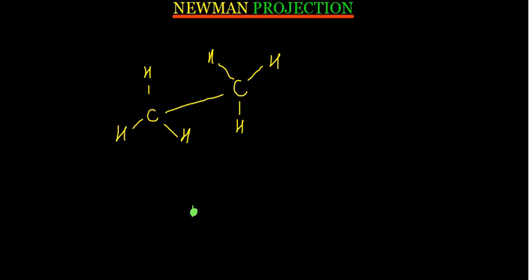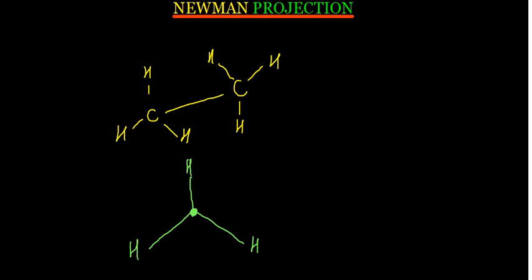We have a hydrogen on top, another hydrogen this side, then another hydrogen this side. Let me just make it a bit straight. Okay, so this is how it's going to be.